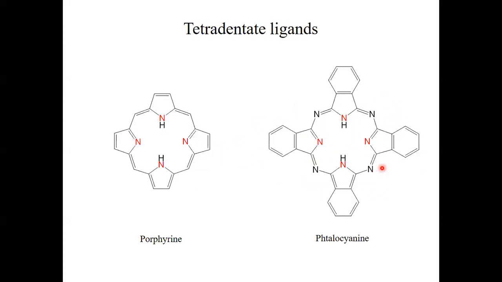Okay, now let us look at a few tetradentate ligands. So one very common tetradentate ligand is the porphyrin ligand here, in which we have 4 pyrrole units that contain 4 nitrogen donor atoms, which are separated by 2 carbon atoms.